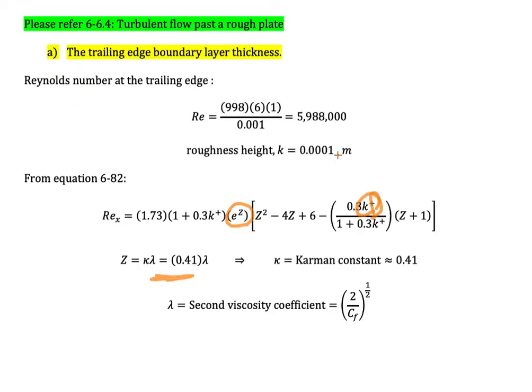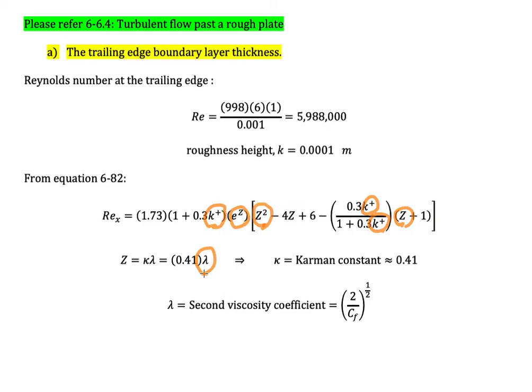So if we see this equation, we could substitute all the values. We could substitute the value of K plus, we could substitute the e^Z, and then we have the Z here. And then we found that the right hand side will give us the only unknown parameter, which is lambda.